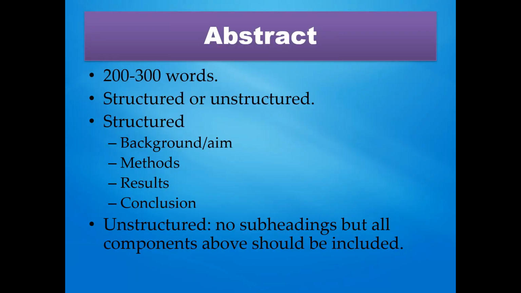After the title, we have the abstract. An abstract is a single paragraph of about 300 words. It can be structured or unstructured. In a structured abstract, you will see that it is divided into subsections, for example, background, aim, methods, results, and conclusions. In an unstructured abstract, there will be no subheadings at all, but all these essential components are included in one single paragraph.